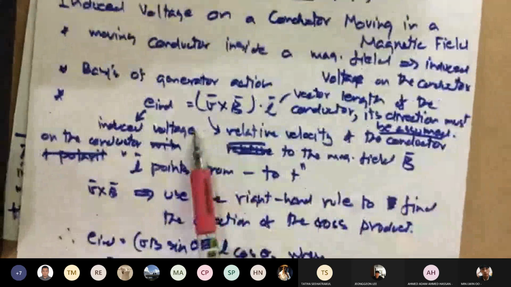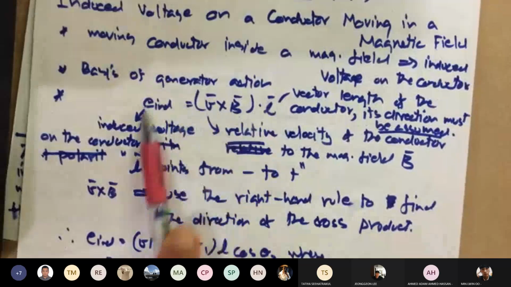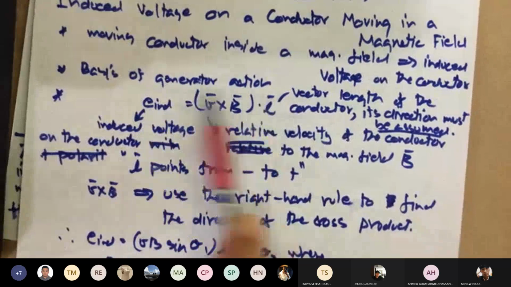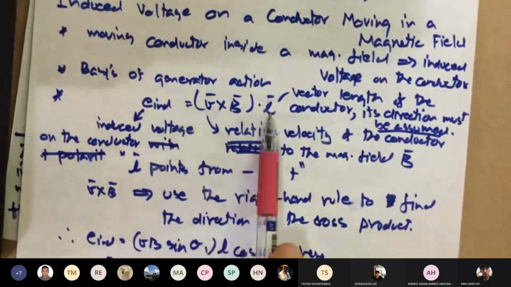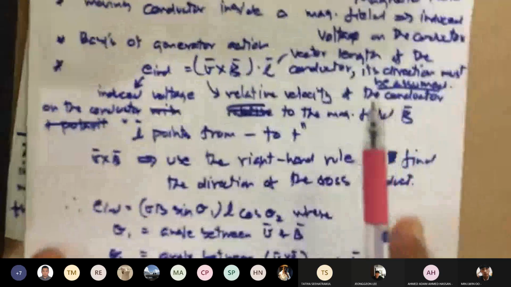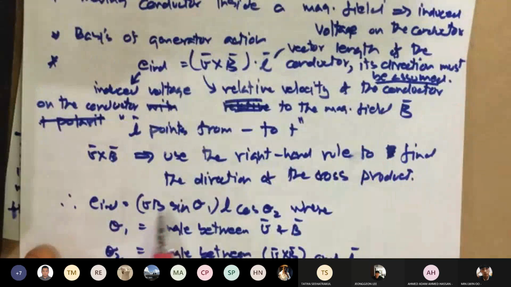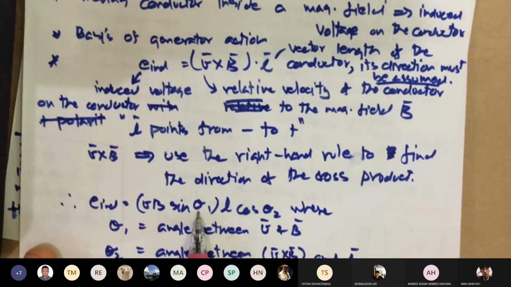Write this equation in terms to calculate its magnitude. It becomes: v cross B is vB sine theta 1. What is theta 1? Theta 1 is the angle between vector v and B. Then you dot with vector L, so in these parentheses you multiply with L. A dot product gives you a cosine, so it's cosine of theta 2.